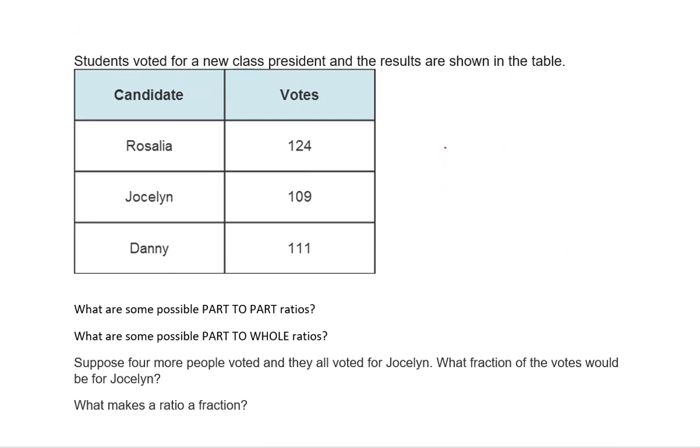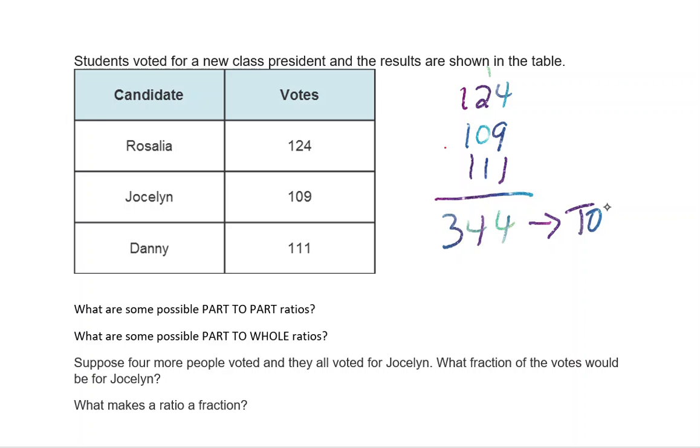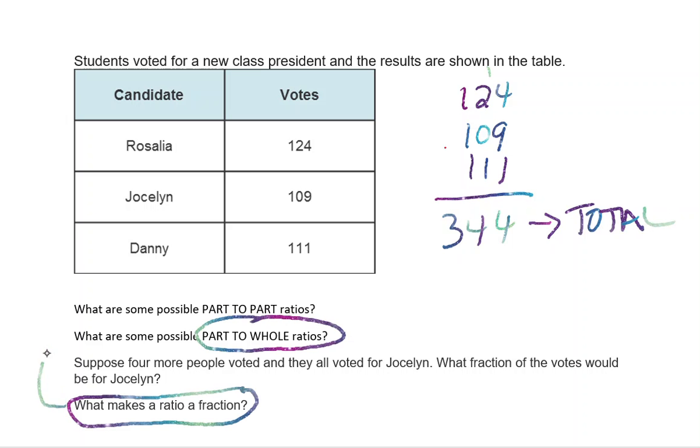So we would need to add to come up with the total. 124 plus 109 plus 111 gives me 344, and that's the total. So the only way to write a fraction is to write a part to whole ratio.